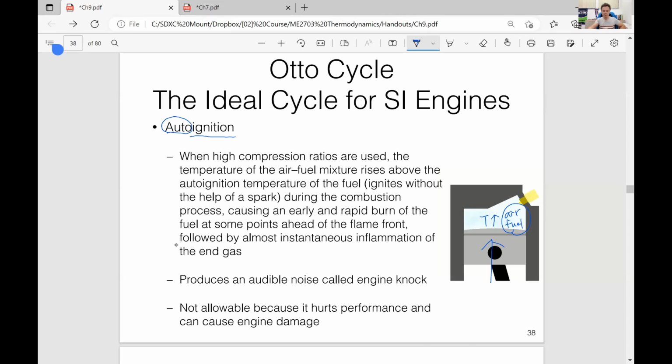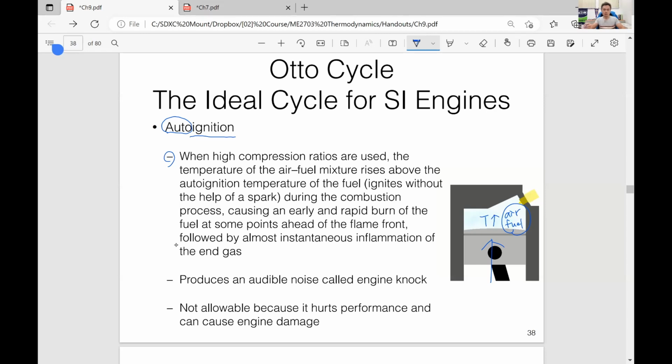That is bad. Look at this: when high compression ratios are used, the temperature of the air-fuel mixture rises above the auto ignition temperature of the fuel. That means the fuel ignites without the help of a spark plug.